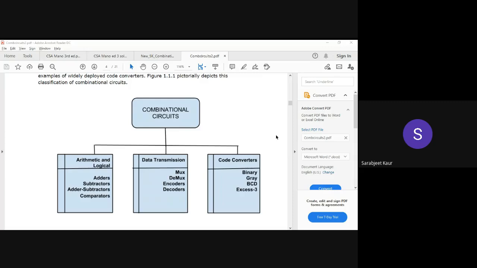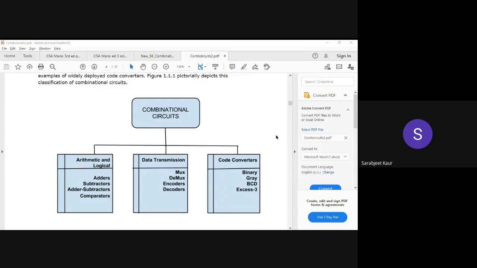So binary, gray, BCD code converter, XS3 code converter. These are the code converters which convert numbers from one given code to another given code. As we have discussed, we use different kinds of number systems or codes in our day-to-day life, but computers work with binary.